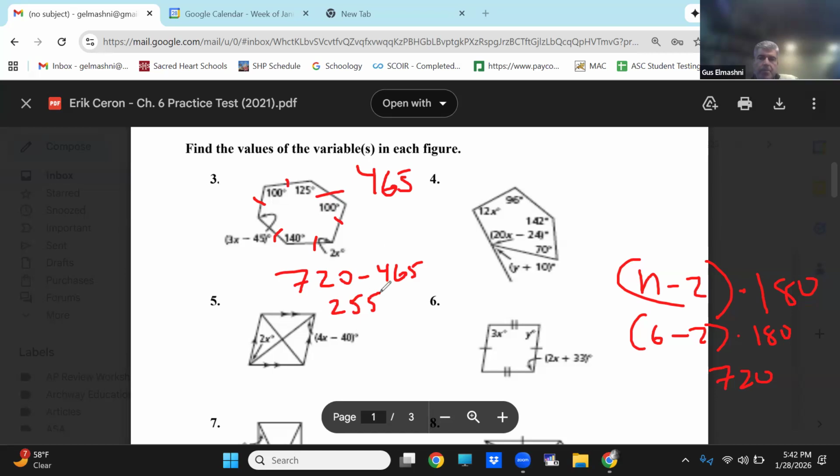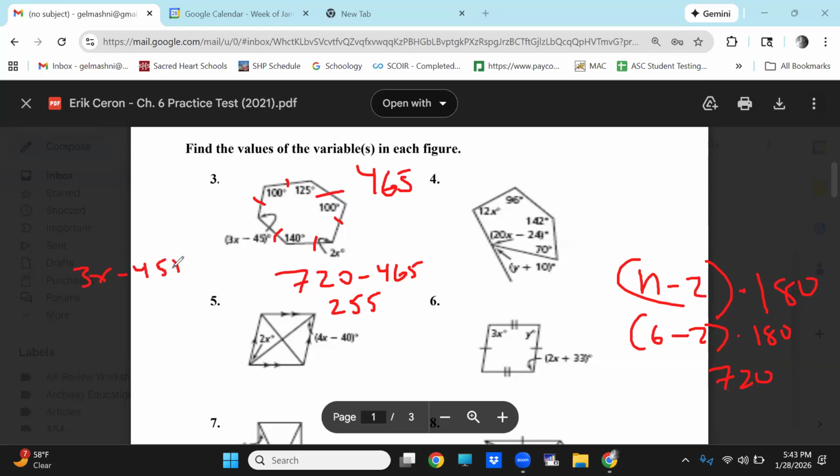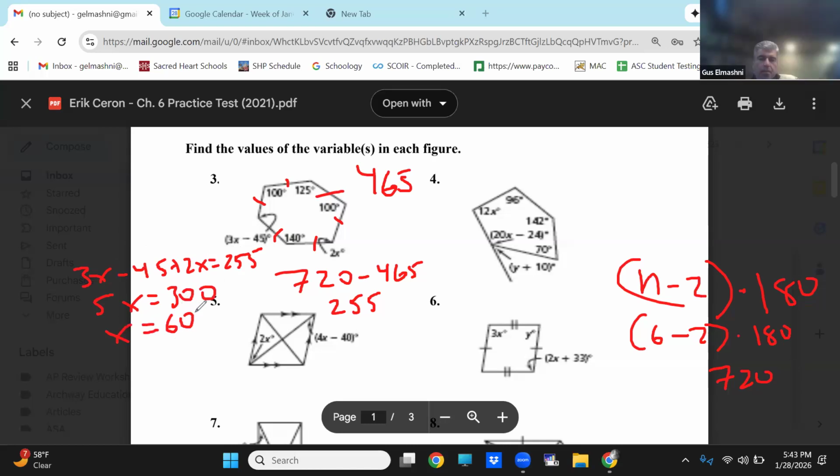Right. And then these other two have to add up to that. x is equal to 60. Okay. What do you think about number 5?